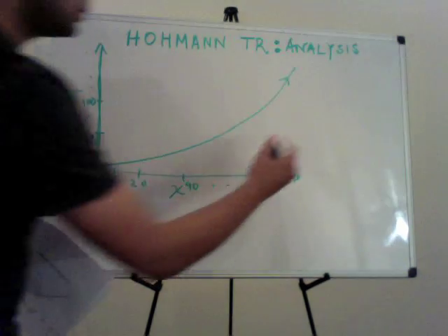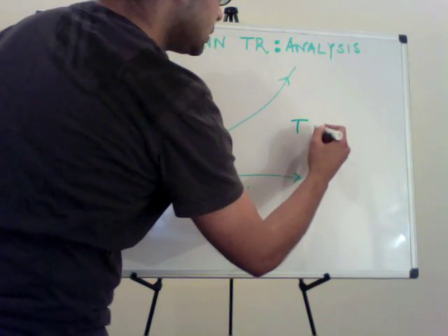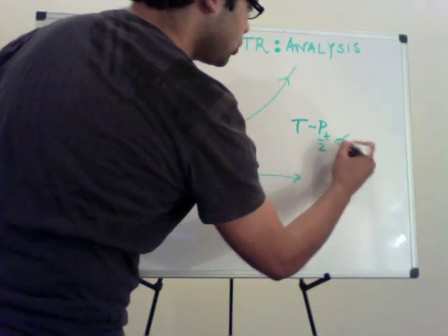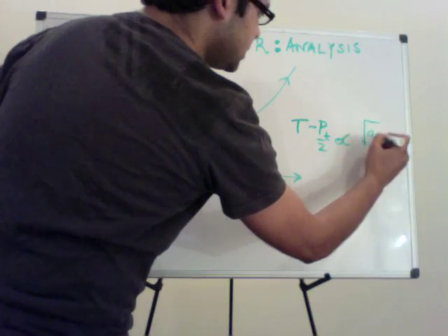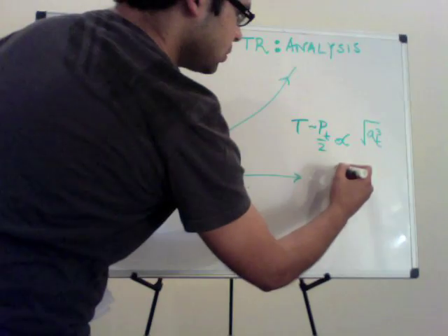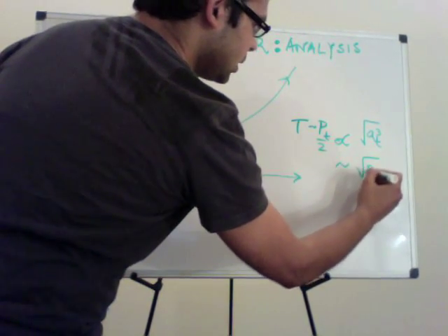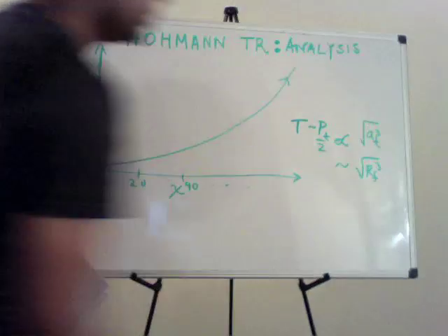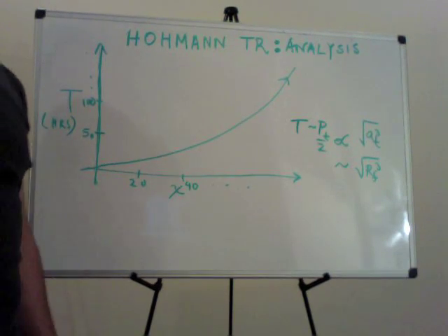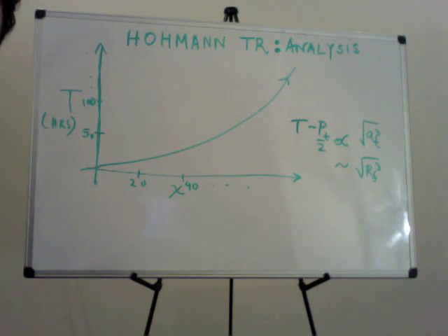So T, which is equal to Pt over 2, is proportional to at cubed. Okay, and so this goes as rf cubed. So, right, because at is ri plus rf over 2.